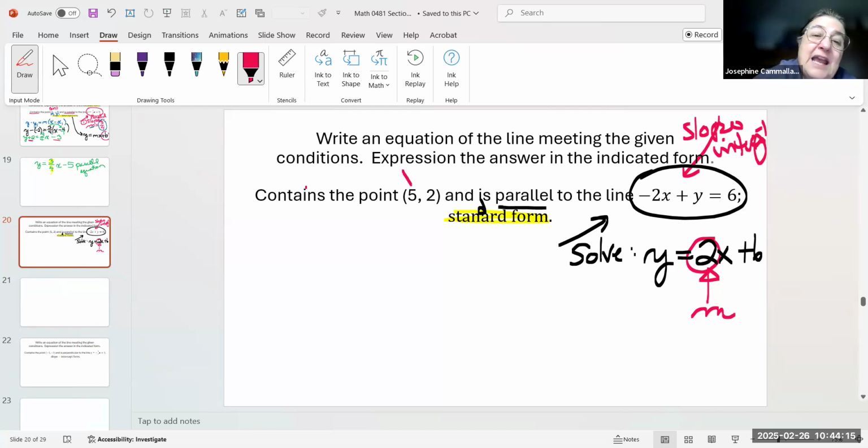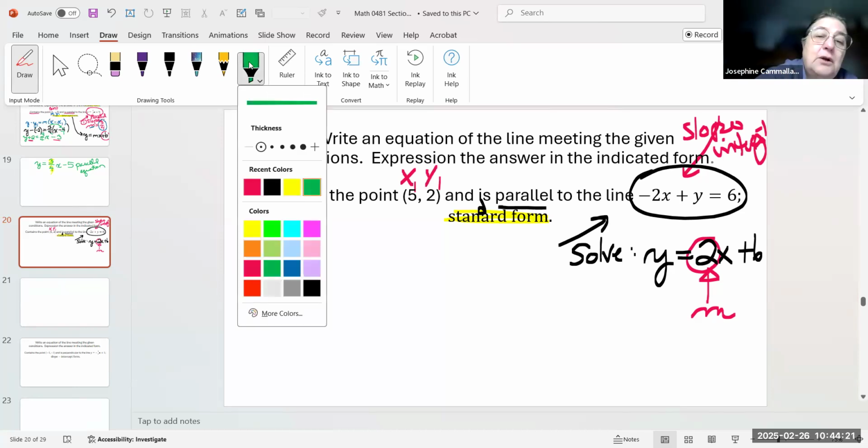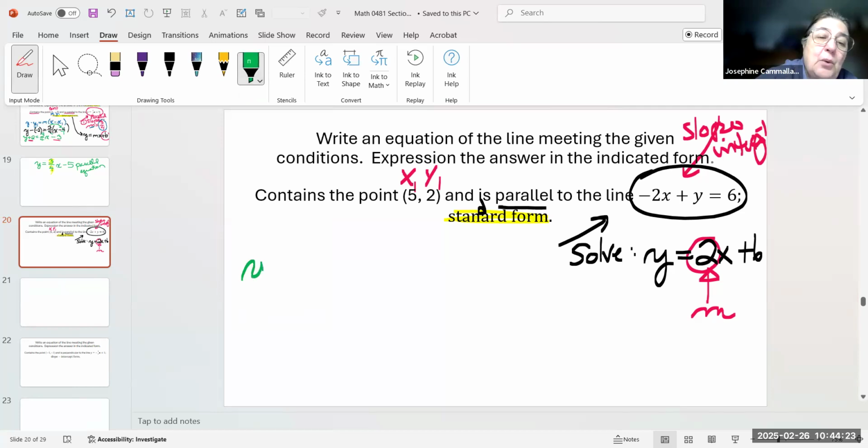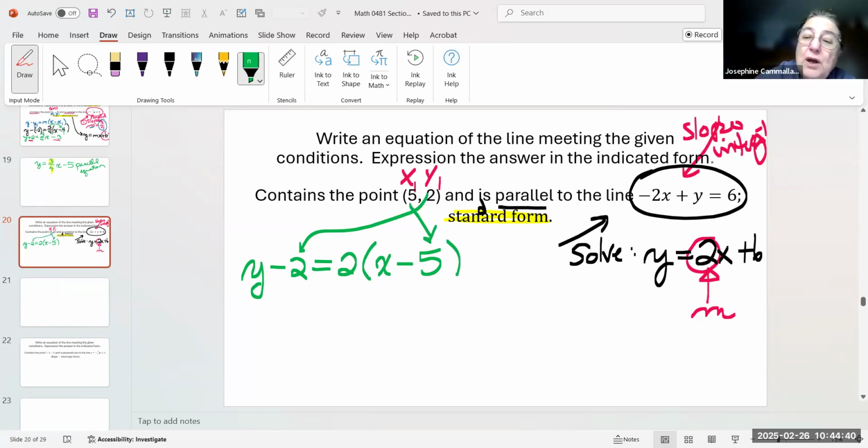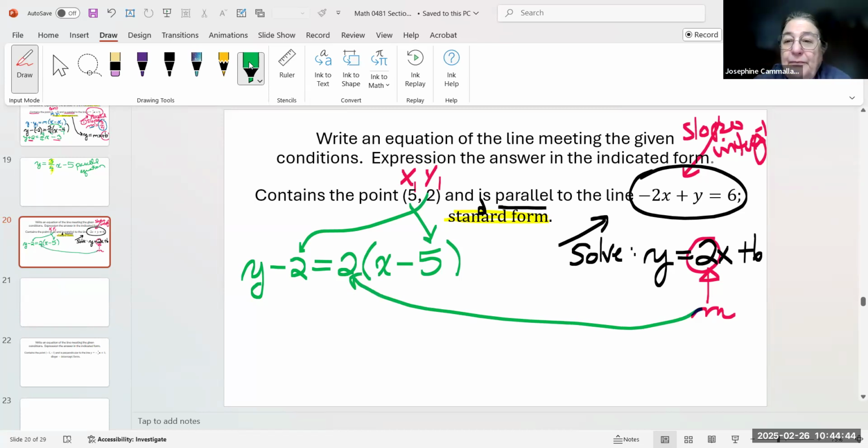And this is my x1, y1 point. Okay, well, let's put it in. y minus 2 is equal to 2x minus 5. Here's my x1, here's my y1, and here is my slope.